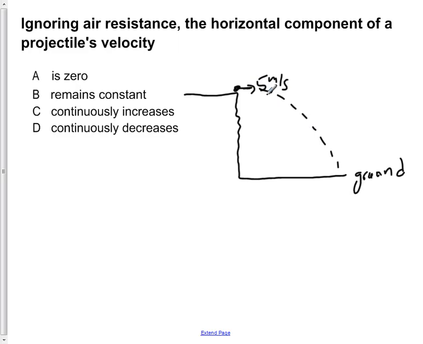So if there is no air resistance, choice A says our velocity is 0. But if we've thrown it with a velocity of 5 meters per second horizontally, which would give us a projectile motion, it has to have some horizontal velocity which we gave it. So right off the bat, A is wrong.